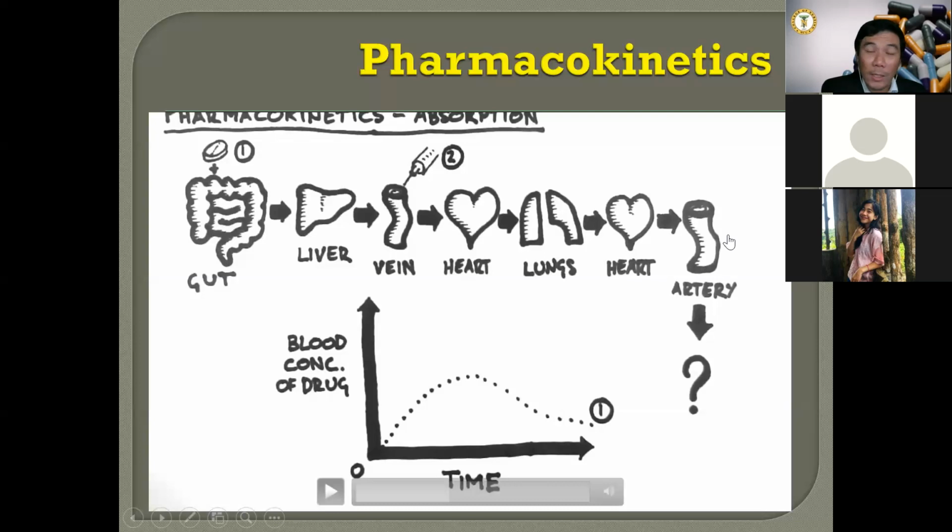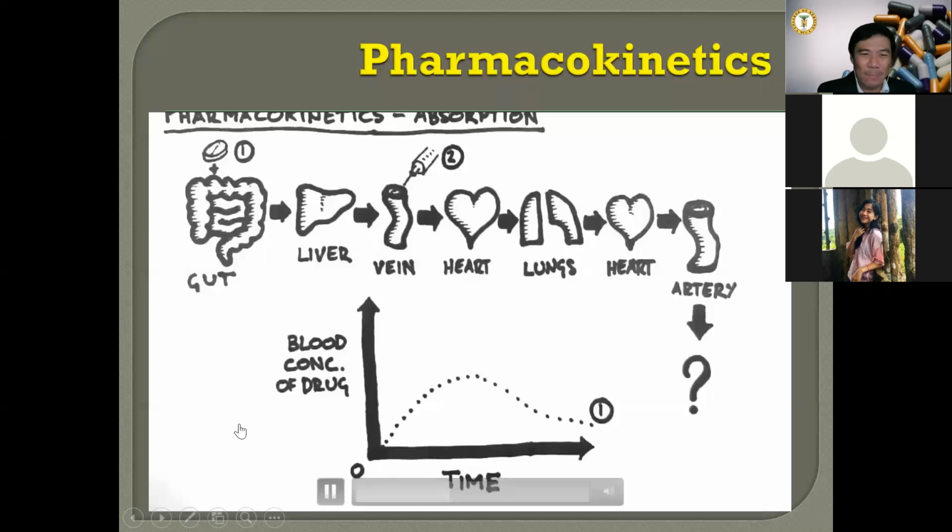And later on, it will differ in that the peak concentration level is much more sudden and immediate in intravenous because it will not go back to the liver and GI. It will unidirectionally go heart, lungs, heart, again, left side, and to the artery.